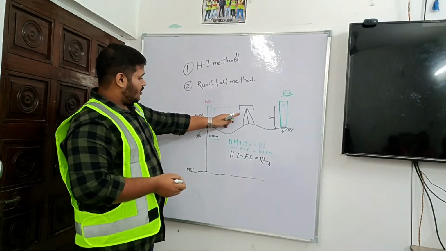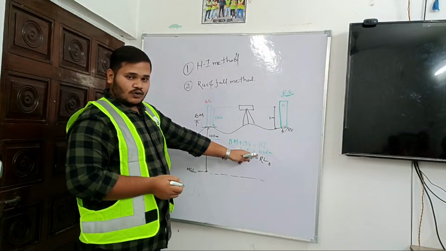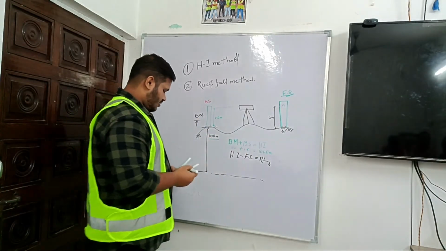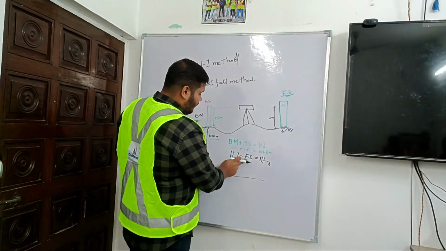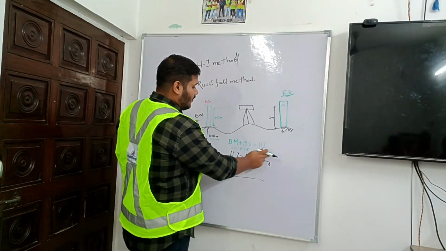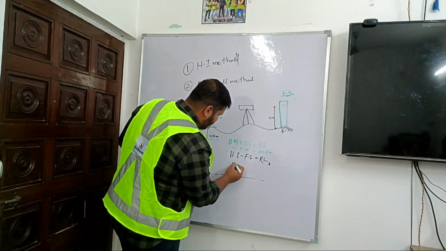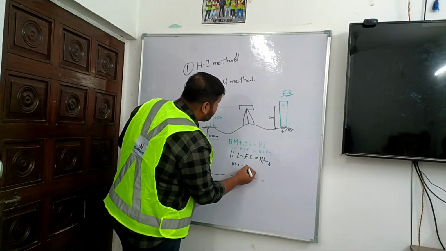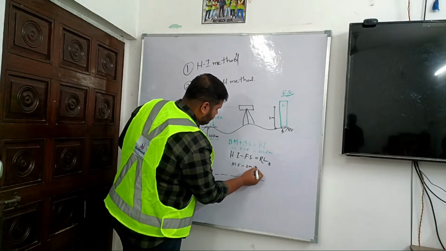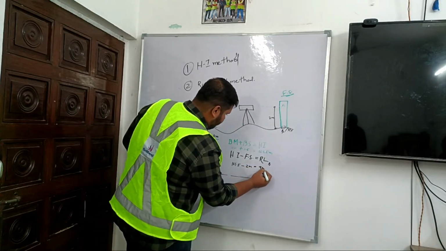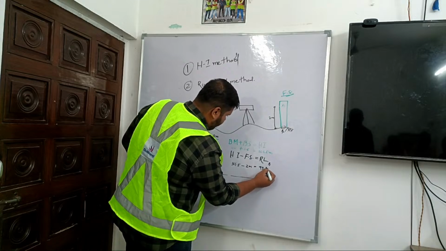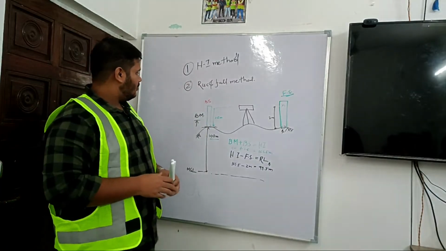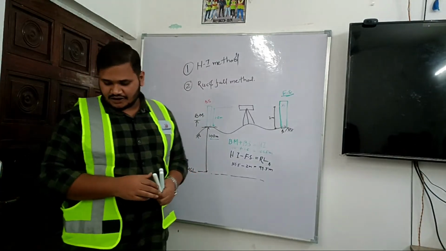The height of instrument at this point is 101.5 meters. Now the RL of point B we find by subtracting FS from the height of instrument, so it will be 101.5 minus 2 meters, which is 99.5 meters. So we now understand how to use the HI method.